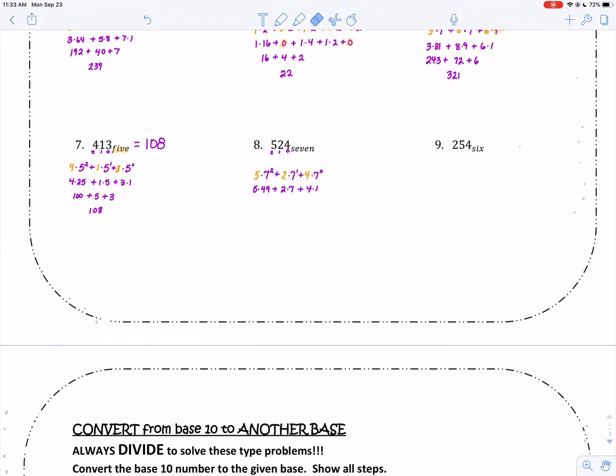Continue simplifying until you get all the way to 260. And then the last problem is base 6, so therefore you're going to have 6 to the second power be the highest. Again, the last one is 6 to the 0, so that's going to just be 1. That takes you all the way to 106.